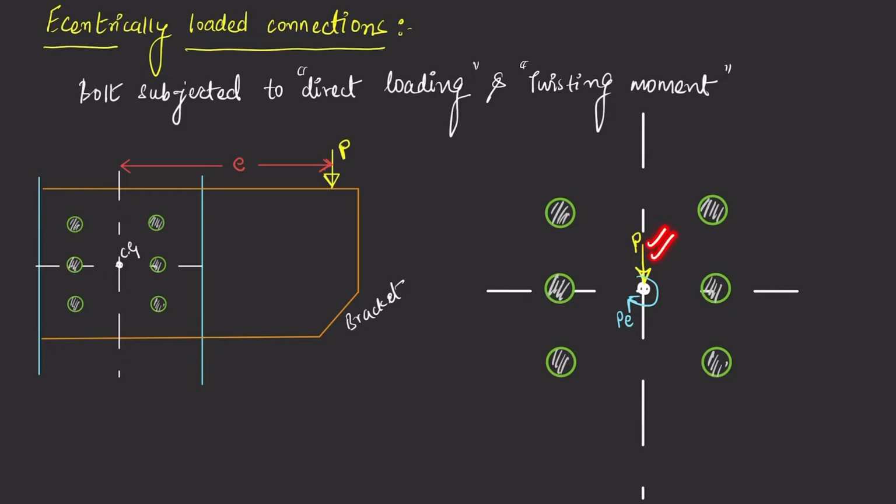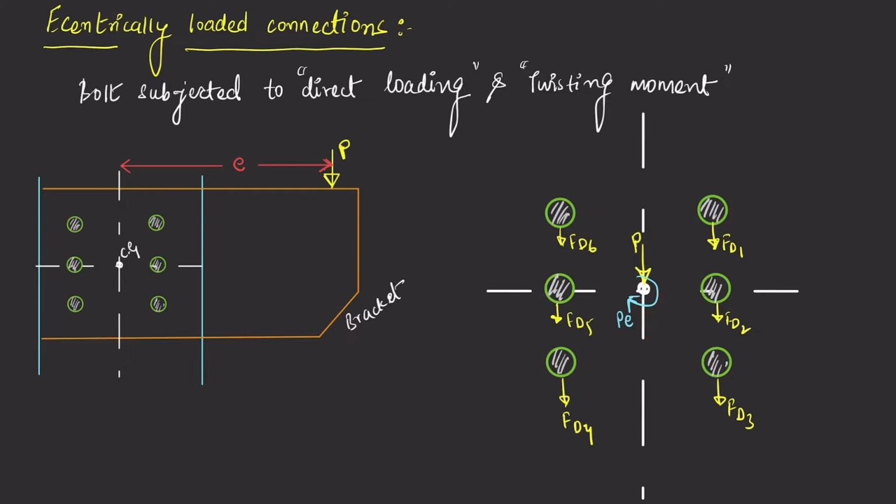This direct load will cause a direct shear in each bolt with some magnitude, which can be called the force due to direct load. So for bolt number 1 we have FD1, FD2, FD3, FD4, FD5 and FD6. This is the direct shear load, and this moment or torque will cause a torsional shear force in each bolt.